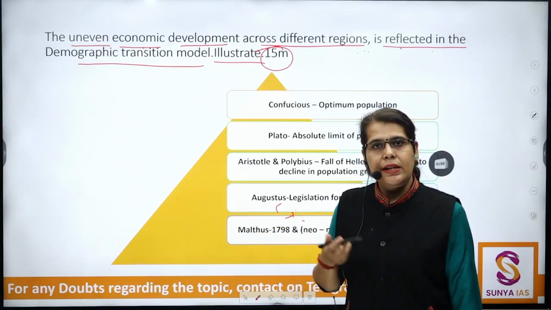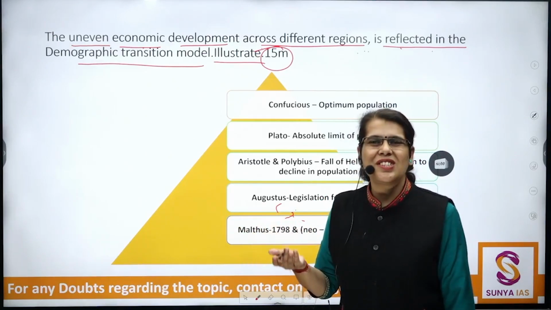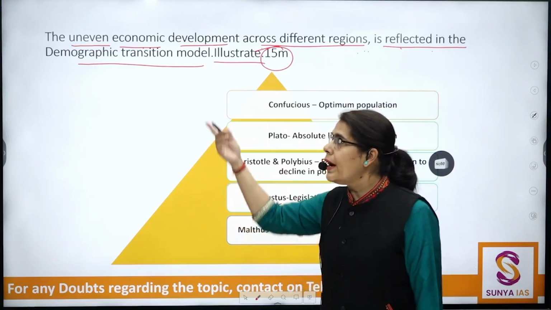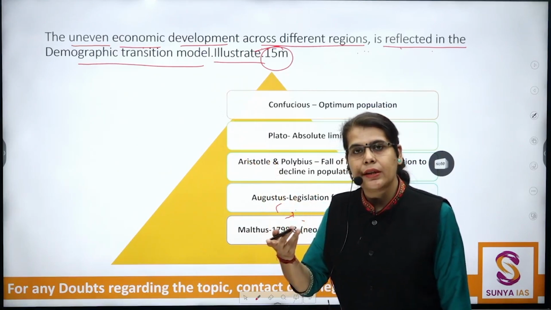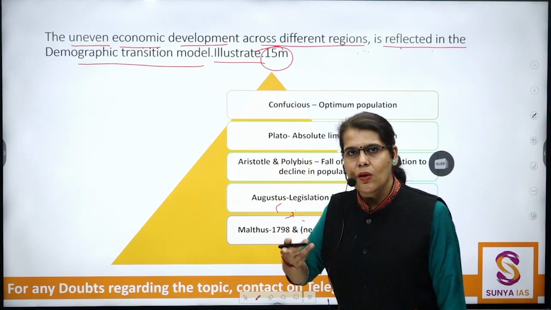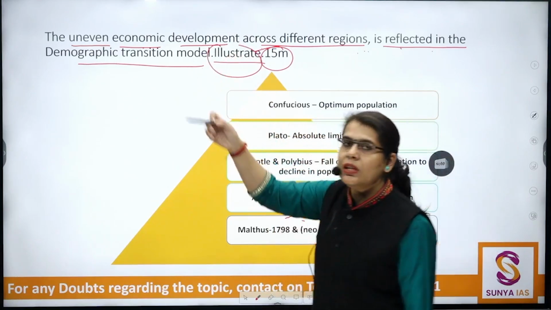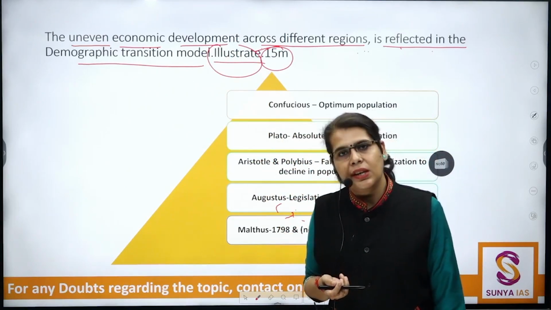Why? Because the demographic transition model is a model which talks about demographic transition. So can I say that the uneven economic development is associated with the different stages of the DTM model? Then we have to illustrate. How will you illustrate? You will illustrate it with the help of some examples, some case studies, bacho.